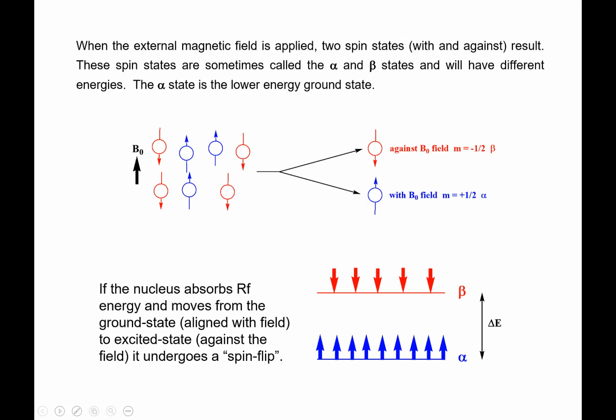So we have this collection of nuclei. If they are aligned with the field, they're in the ground state. If they're aligned against the field, they're in the excited state. So we're right back to where we were with IR. We've got the excited state, and we've got the ground state.